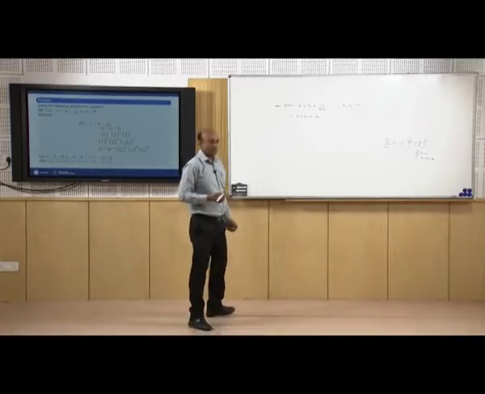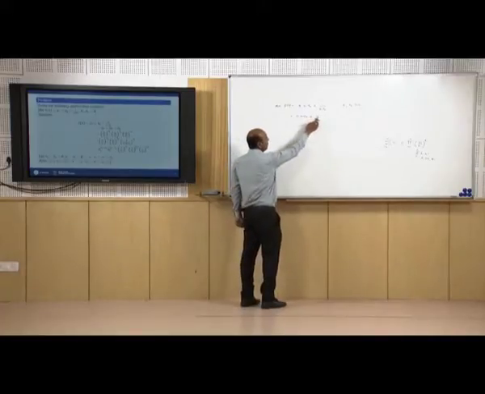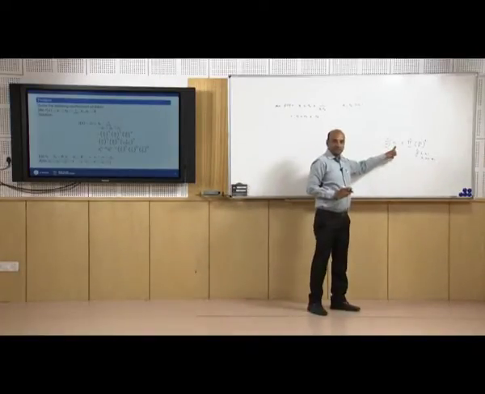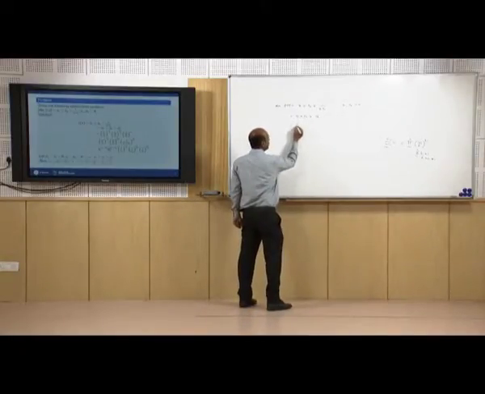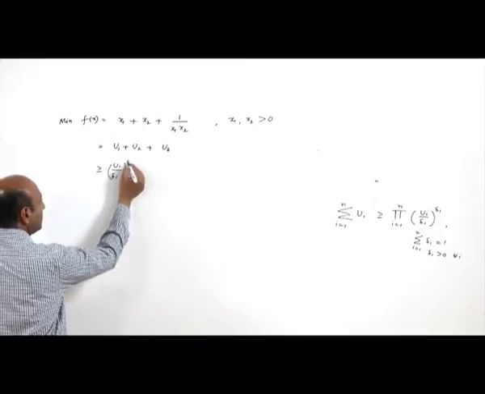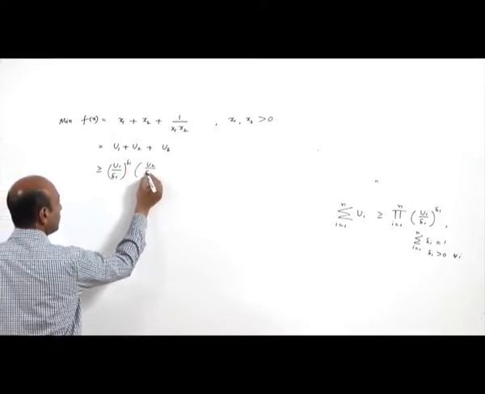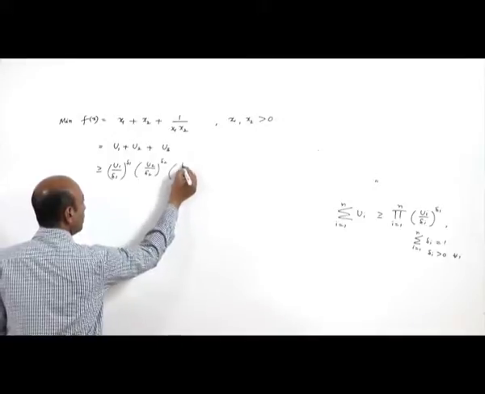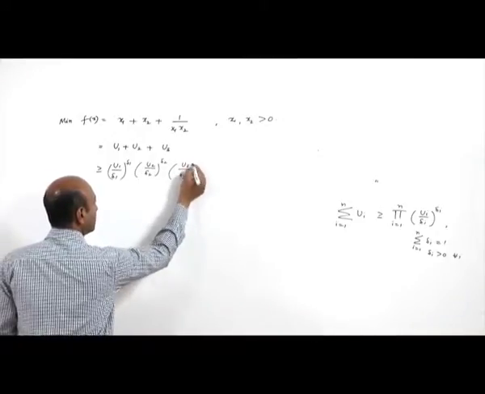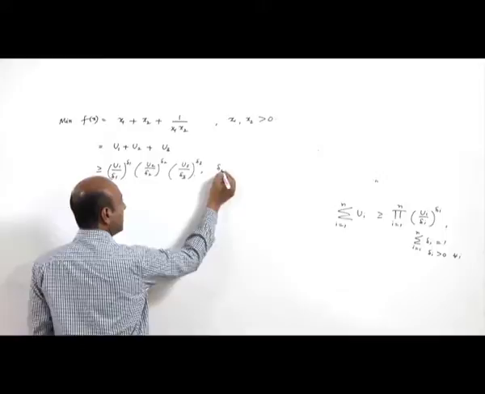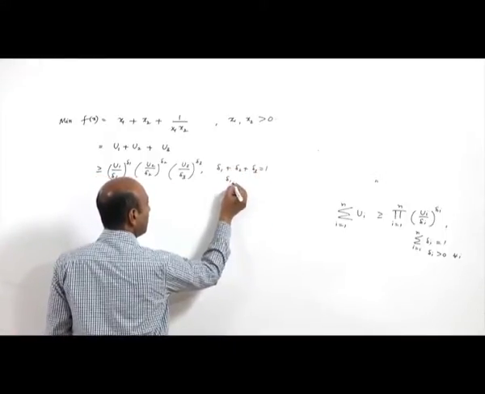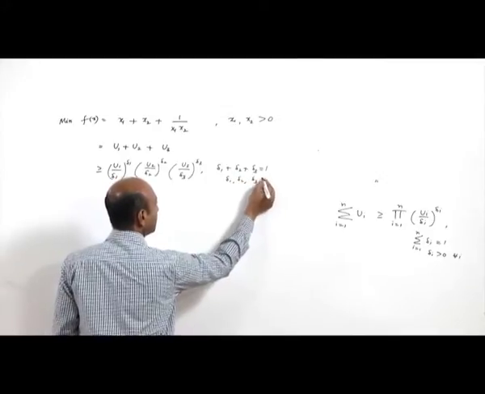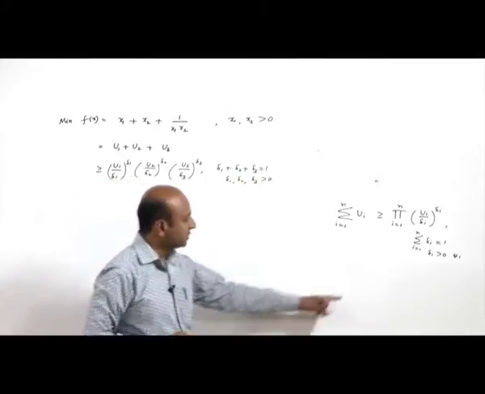So, we will try to apply this inequality in this expression. So, u1 plus u2 plus u3, that is the sum of ui's, is greater than or equal to u1 upon delta 1 raised to power delta 1, u2 upon delta 2 raised to power delta 2, u3 upon delta 3 raised to power delta 3, such that delta 1 plus delta 2 plus delta 3 is equal to 1, and delta 1, delta 2, delta 3 are strictly greater than 0 by this condition. Okay.